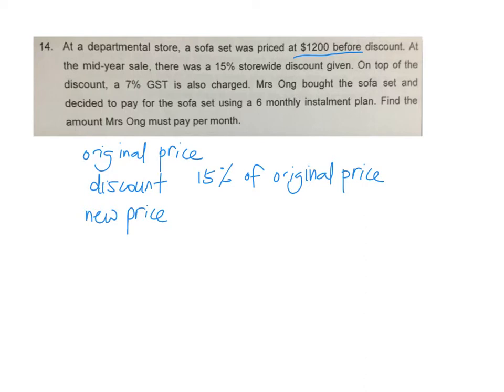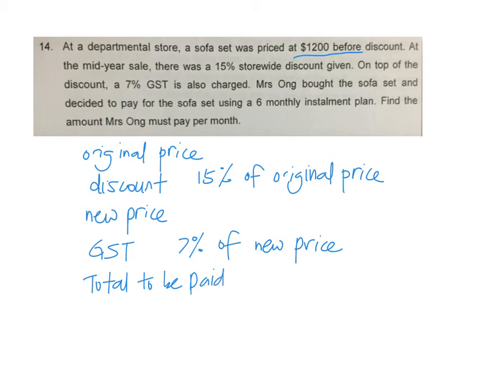However, there is also something called GST. Now GST is 7%, and it is 7% of the original price or the new price. Of the new price, then you need to find the total to be paid.